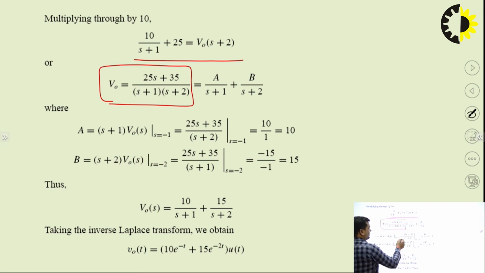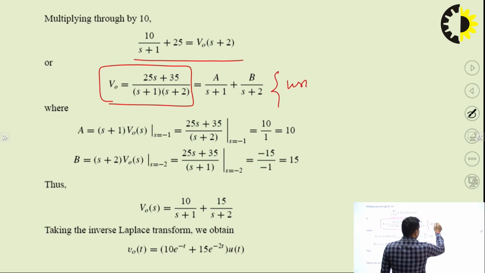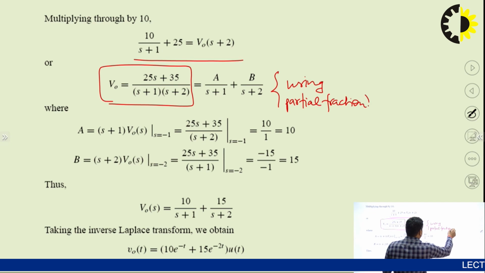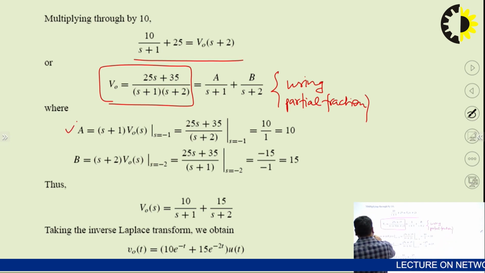And we use partial fractions. We calculate the values of A and B, which become 10 and 15 respectively.